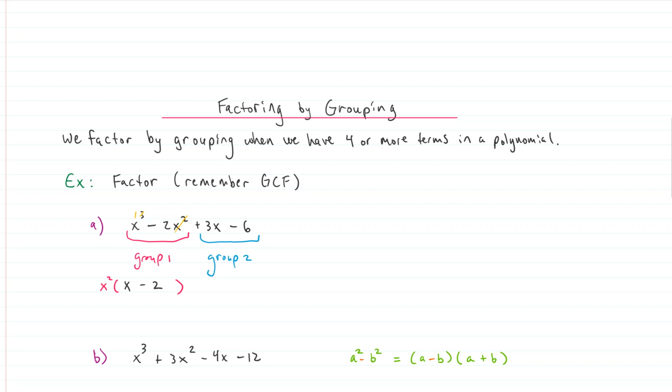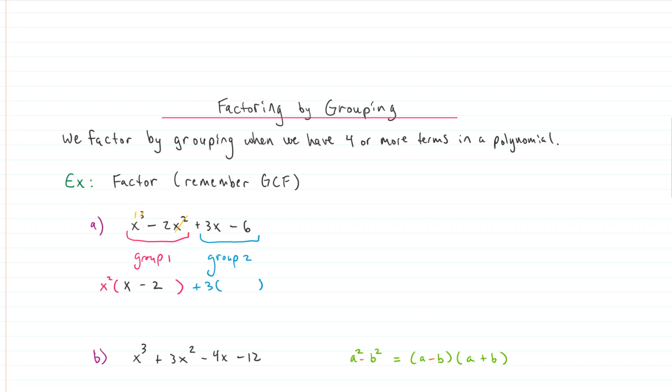So the hope is that when I pull out whatever is common in group 2, what I have left over is x minus 2. That's our goal. And I'll explain why that's our goal in just 1 second. So group 2 is 3x minus 6. They both have a 3 in common, so let's pull out a 3. It's a positive 3.